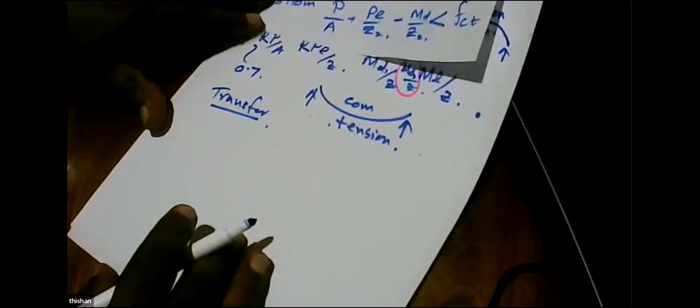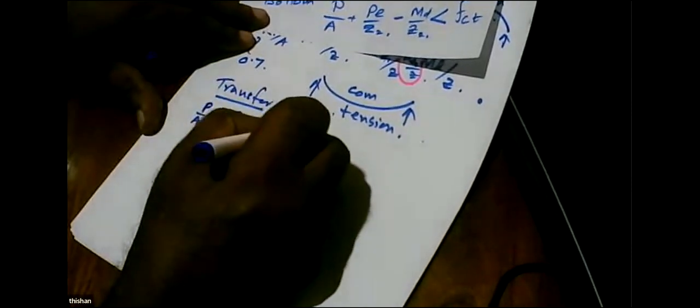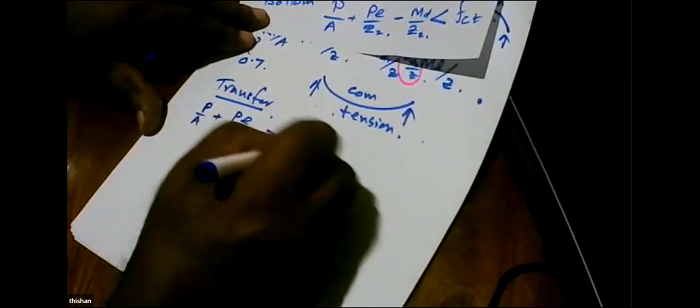Now we can write two sets of equations. At transfer: P over A plus Pe over Z1 minus MD1 over Z1. And what is the failure you get? Now this is the top fiber. One is top fiber, two is bottom fiber.